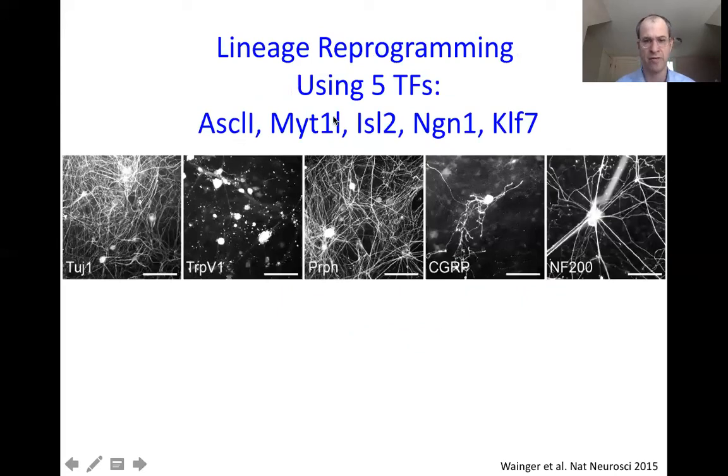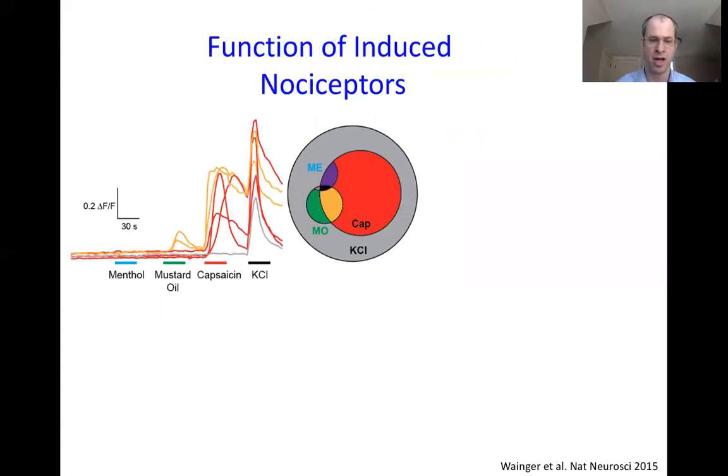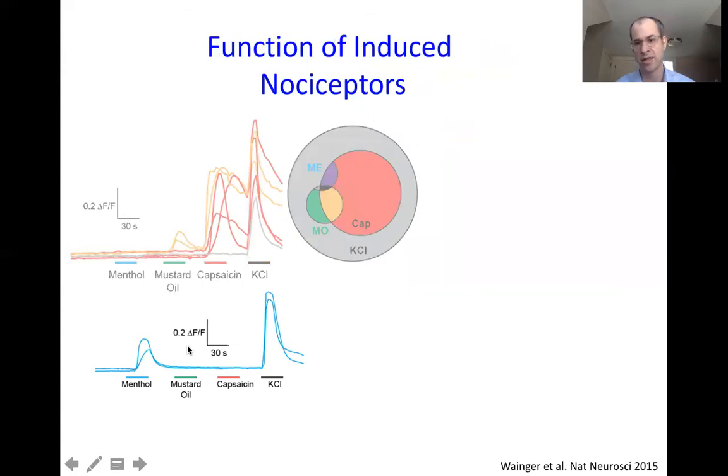This strategy of expressing different transcription factors is able to make neurons that express many of the typical markers of nociceptor neurons, and also captures the function of those nociceptors, including responding to different TRP channel agonists like mustard oil and capsaicin and menthol. This is via calcium imaging.